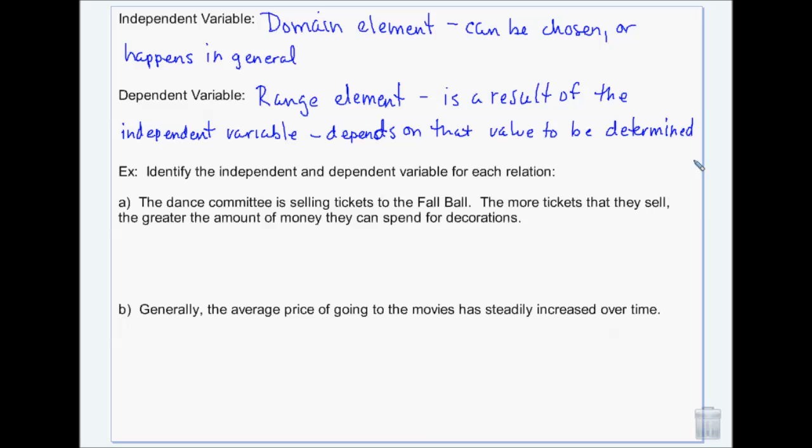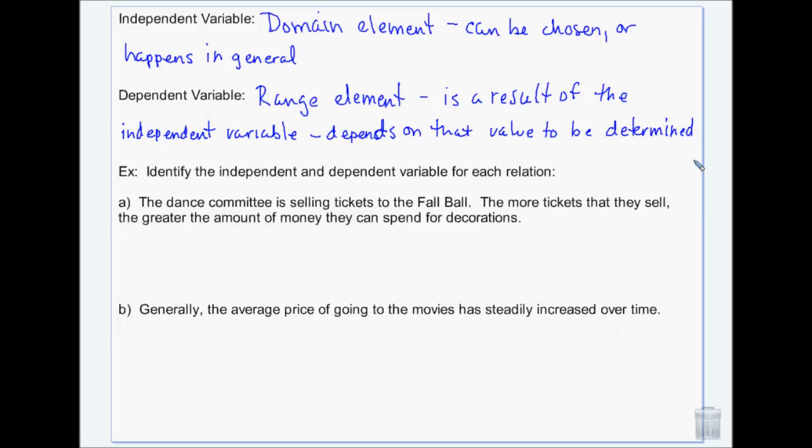You'd have to put chocolate in. Same thing with time. How old I am depends on how much time has passed since I was born. So dependent variables require knowing what the independent variable was, what happened initially to give you the result. Does that make sense? Okay.